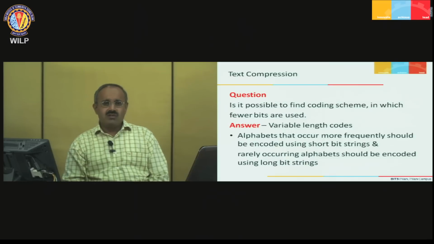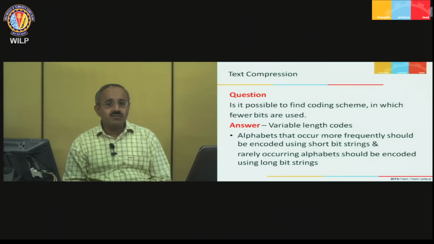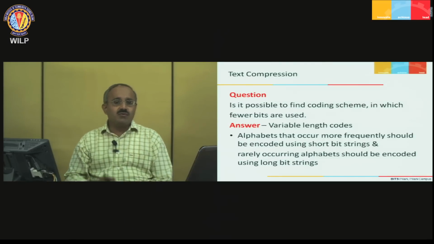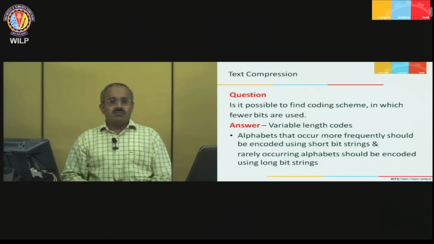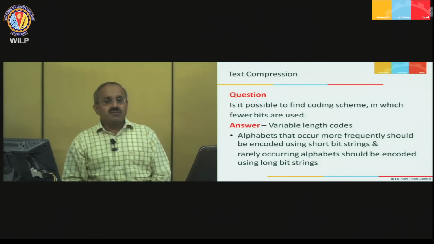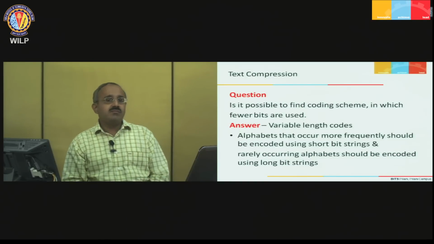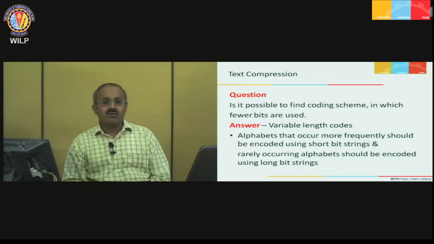We saw that in fixed length coding schemes, the number of bits that we are going to use remains fixed, whereas what we want is to reduce the size, or we want to use fewer bits to encode the strings.